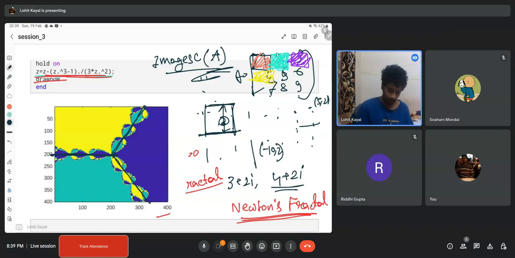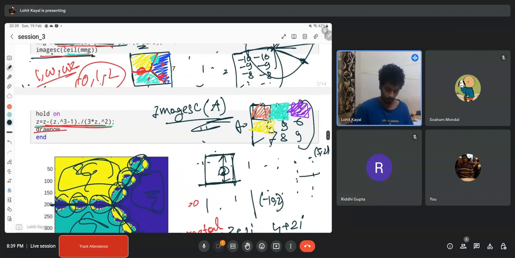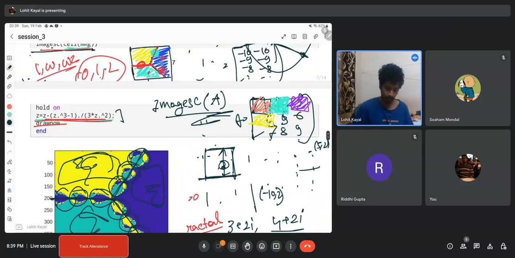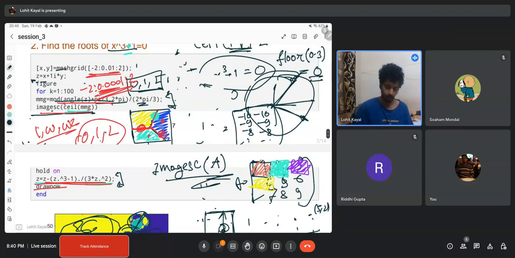Only near this region the interesting things are happening, here, again here. But if we are going away from it, it is a straightforward thing. If we start from there, we end up there. So all this is generated using this simple Newton-Raphson technique and two lines of complicated program.